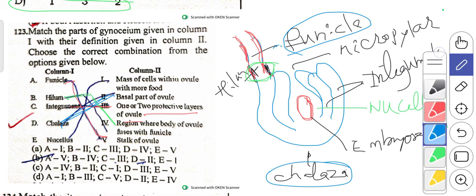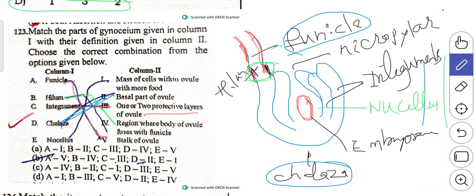Then the last one, the nucellus, that is a mass of cells within the ovule with stored food. So hence for this one, the right answer will be the second option, B. B is the right answer here. So we'll discuss the next question.